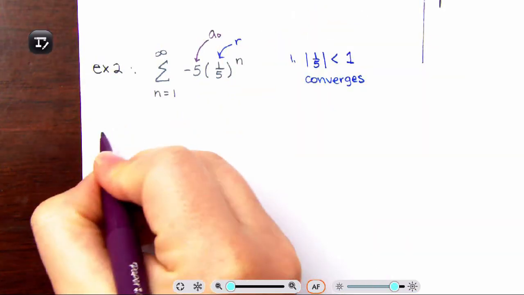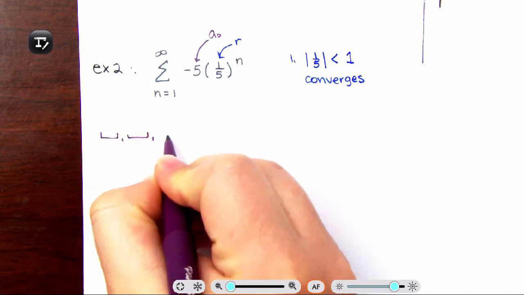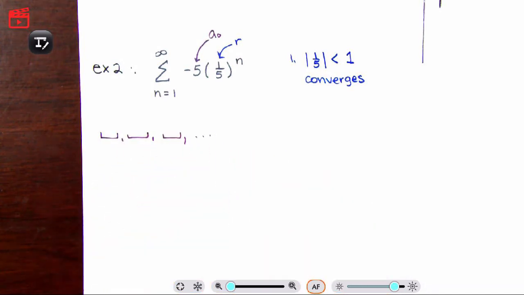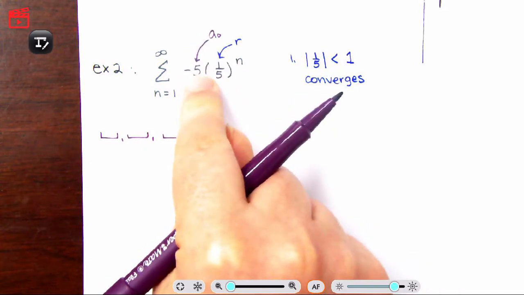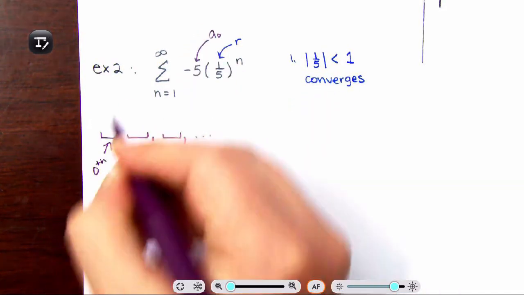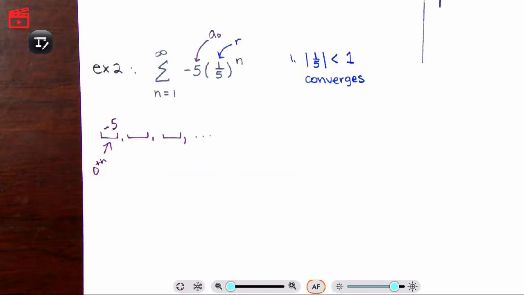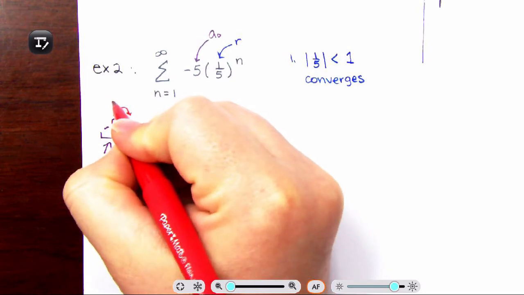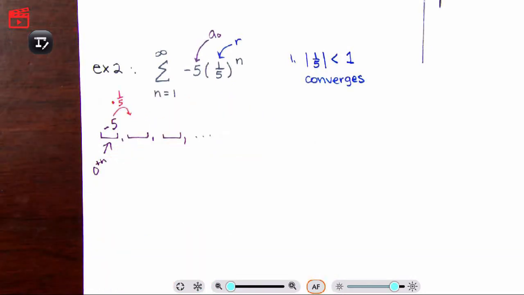So if we have a list of numbers, here it is, and it goes off to infinity, the first number that we see in the 0th position is -5. The common ratio is that we are multiplying by 1/5 each time. Okay.